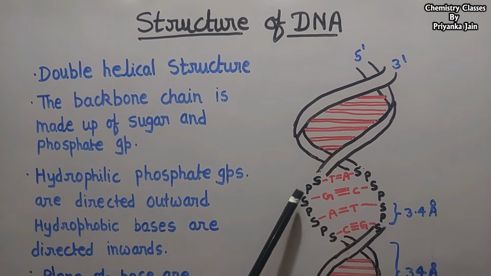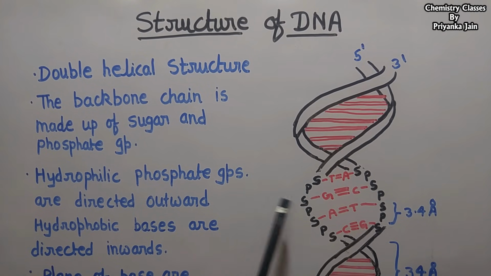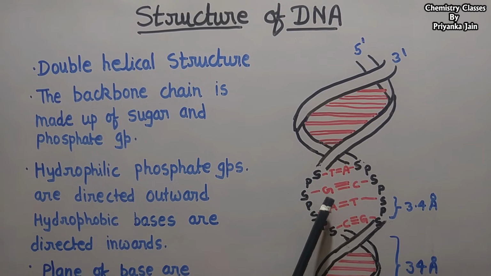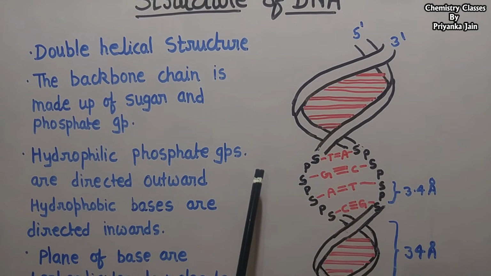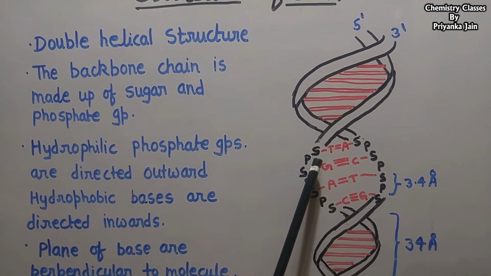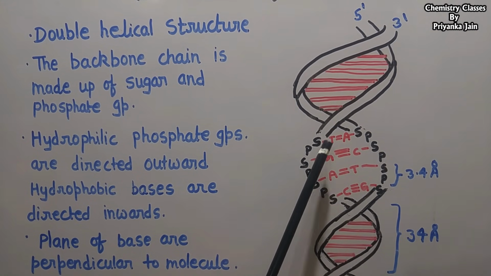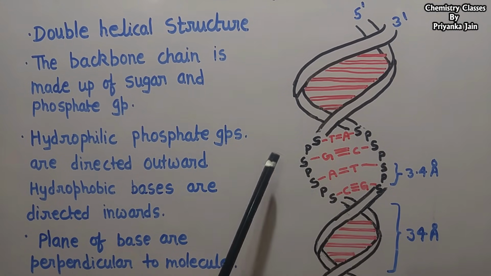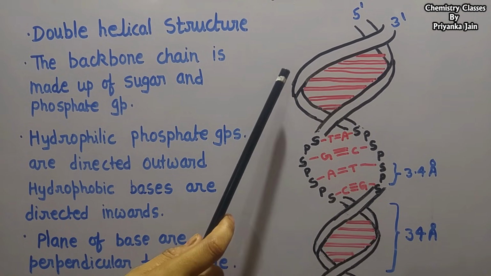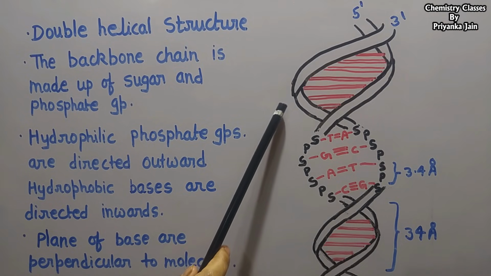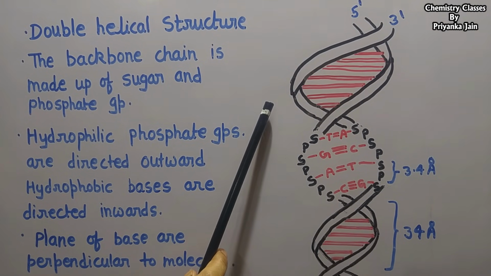Now, the hydrophilic phosphate groups are directed outwardly while the bases are directed inward, towards the center of the molecule. Both chains are anti-parallel. It means the C3 end of one chain and the C5 end of the other chain are near to each other.